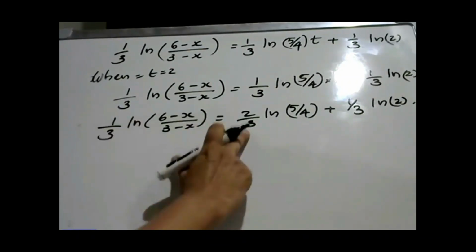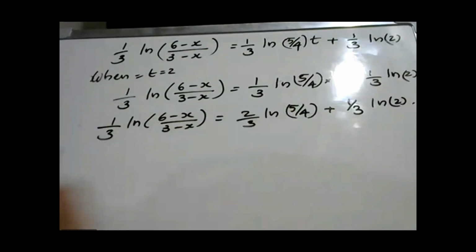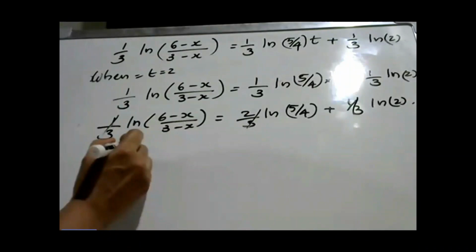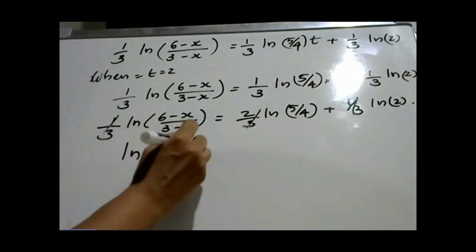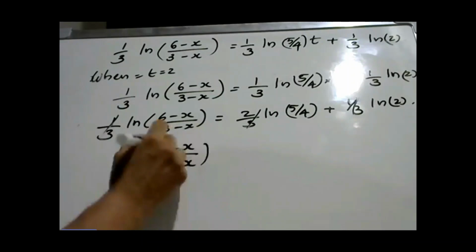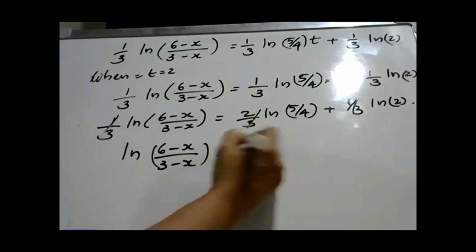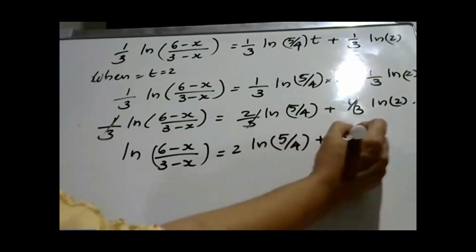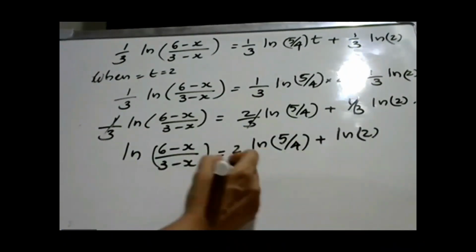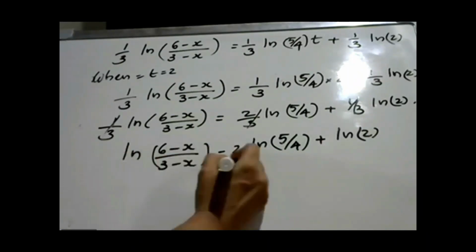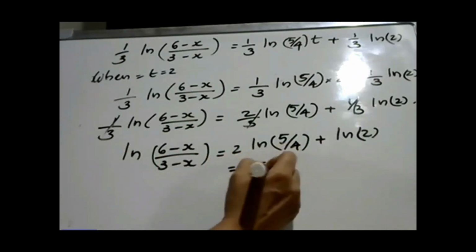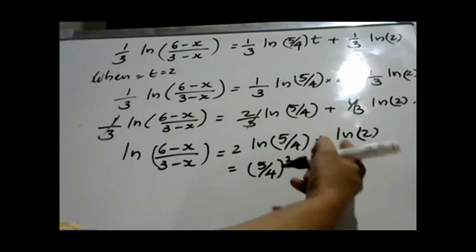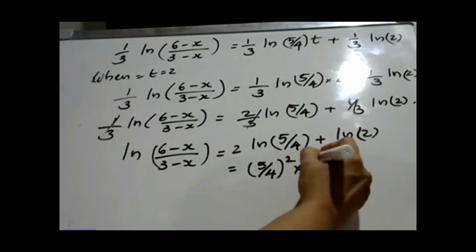Now, 1 over 3 is common in all the terms, so I cancel those 1 over 3's out. What remains is ln of (6 minus x) over (3 minus x) is equal to 2 ln 5 over 4 plus ln of 2. This is equal to ln of (5 over 4) squared plus ln of 2.